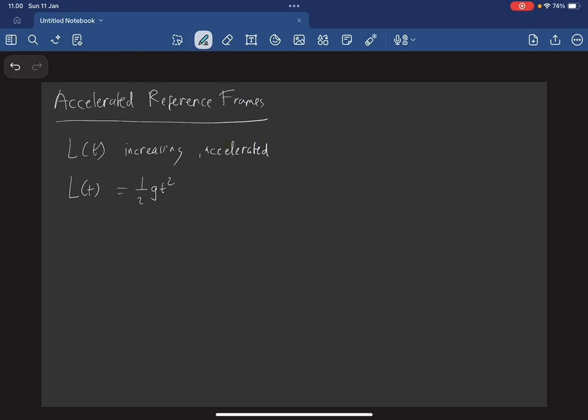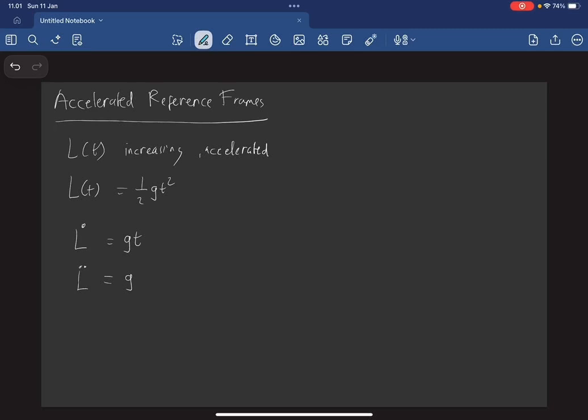Indeed, if we differentiate L(t) with respect to time, after one differentiation, we'll get L dot equals g t, which means that the velocity of the elevator increases linearly with time. After a second differentiation with respect to time, we have L double dot equals g. This means that the acceleration of the elevator is constant. The elevator is uniformly accelerated upward.